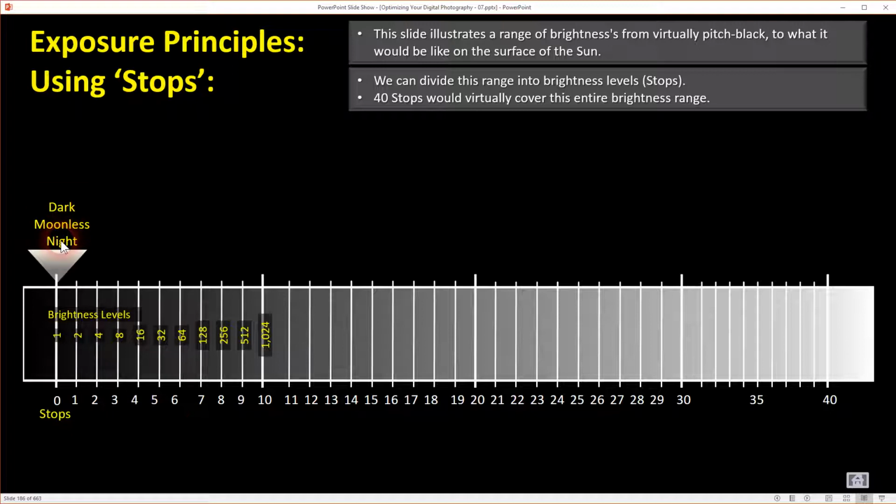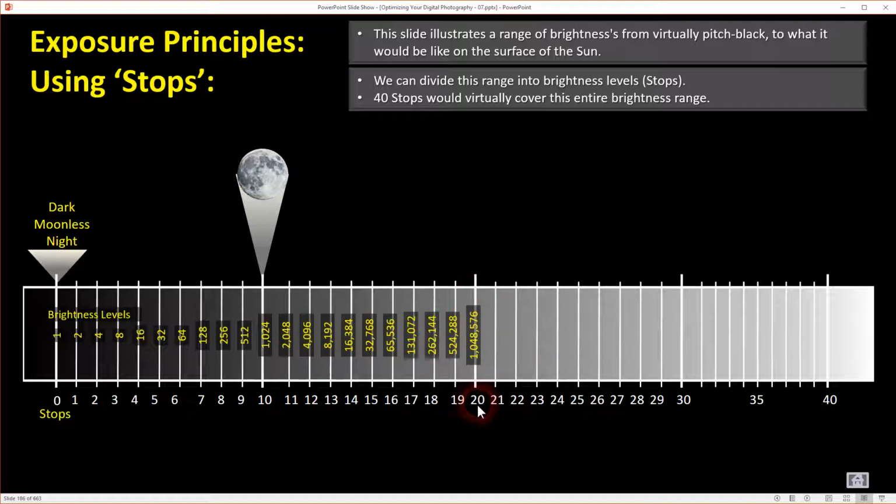Okay, so dark moonless night, this is what we're trying to simulate here. Of course it can get darker than that, but if we start off at an arbitrary setting, we'll call that 1 stop, increasing by 10 stops, which is 1,000 times as bright, which is probably the equivalent of a full moon night shot. Okay, and we can continue on, double, double, double, double, double, double.